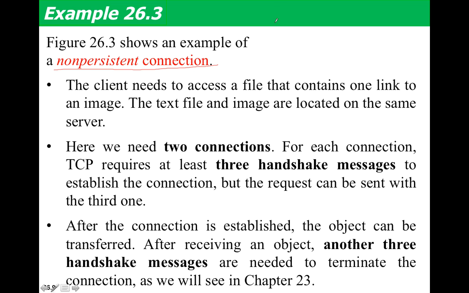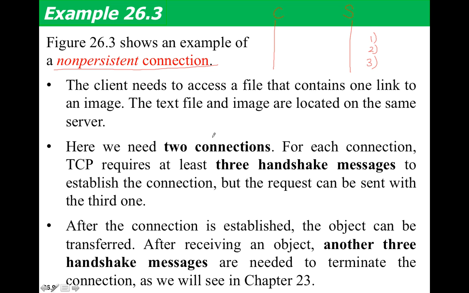Which means when a request is to be sent between a client and a server, we would have to first establish the connection. TCP has three phases: connection establishment, data transfer, and connection termination. So in a non-persistent connection, for every entity that we access, we make a separate TCP connection.